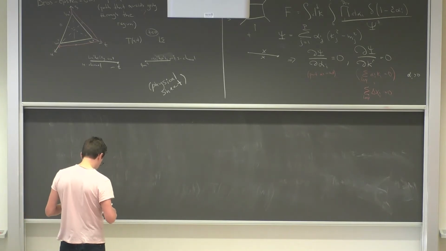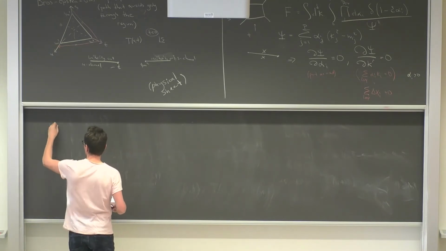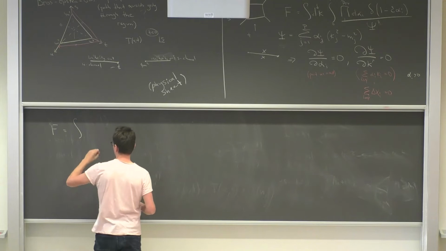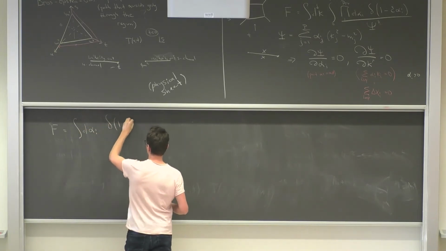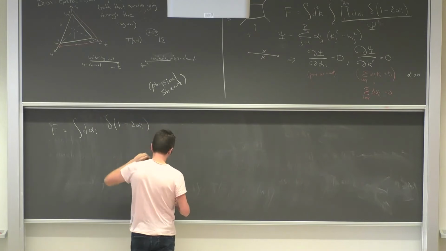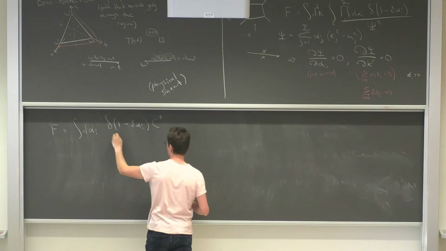This integral is equal to the integral over d alpha i. You still have this delta function. You have something in the numerator, some power, let me ignore it.